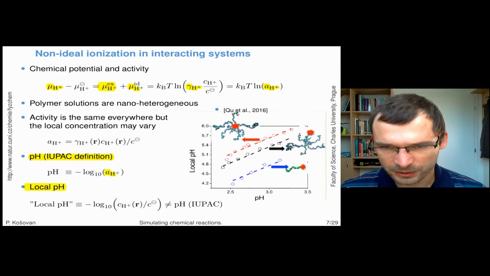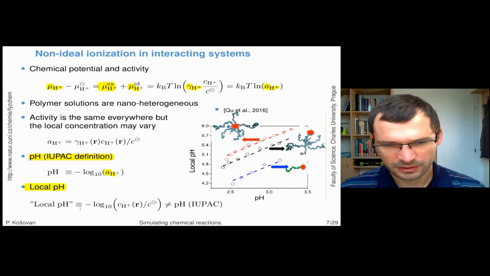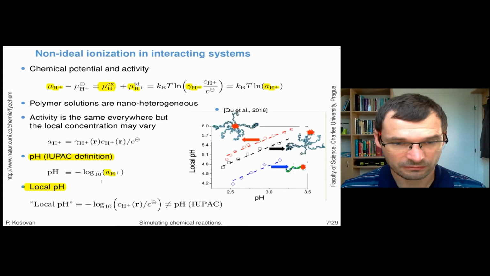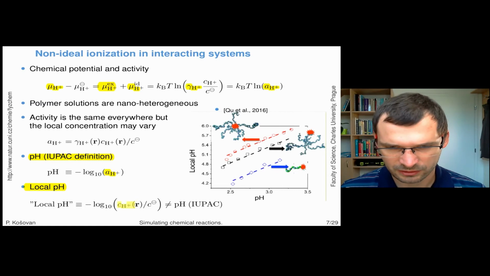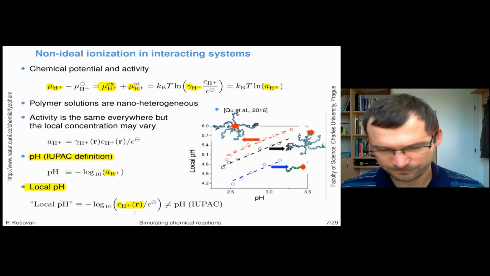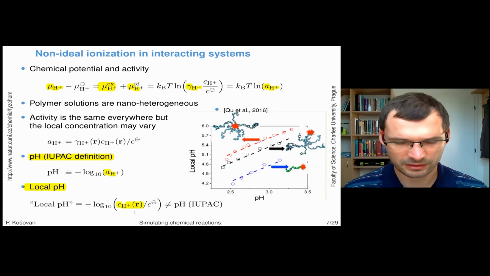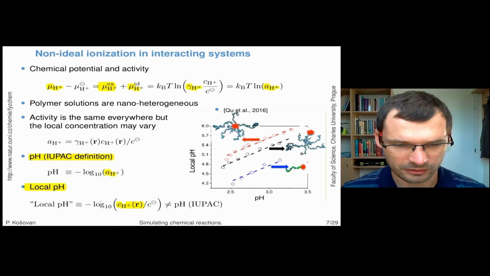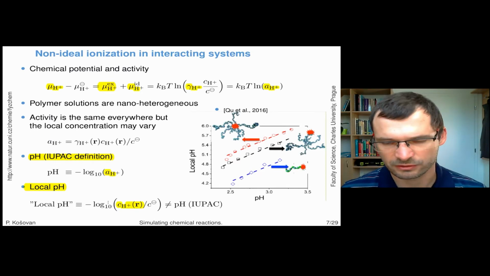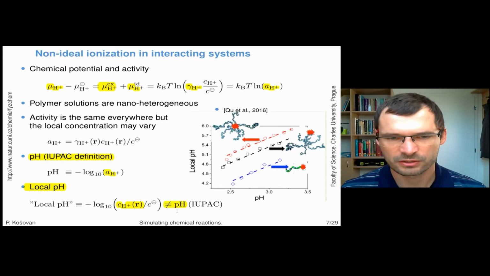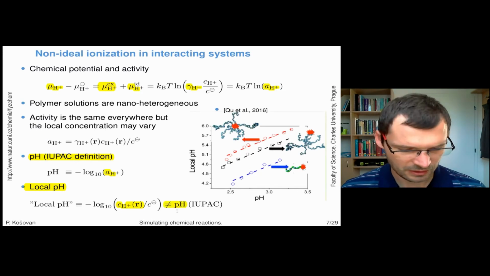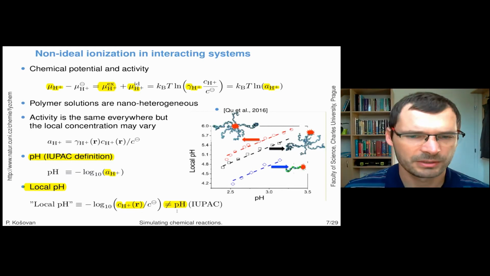The local pH that they introduced here is a quantity that resembles this one, but actually what they measured and what they meant is the local concentration of the H+ ions, or more specifically the logarithm of this concentration, which is not equal to the pH as we define it in chemical thermodynamics.